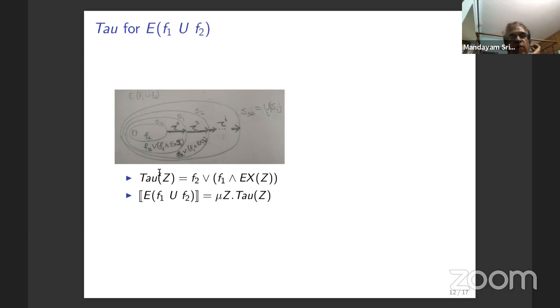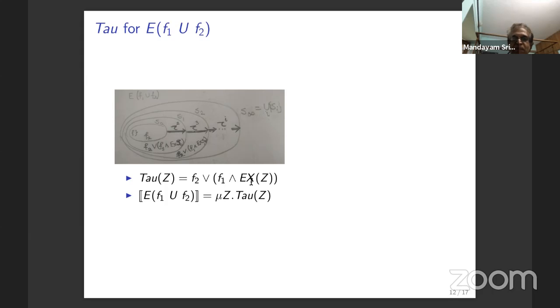So the EU operator can be expressed as the fixed point of this predicate transformer, tau of Z. It has to include F2, the set of states that satisfy the formula F2. To that, it adds all the states that satisfy F1 and one of whose successors is in Z. That's how I define this.